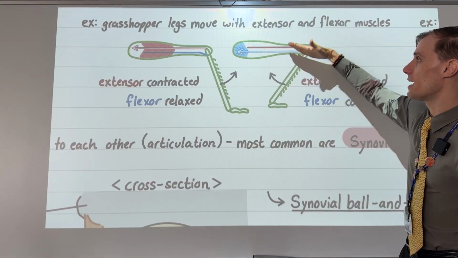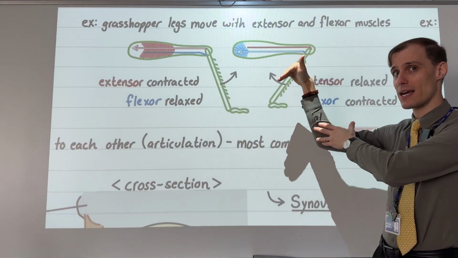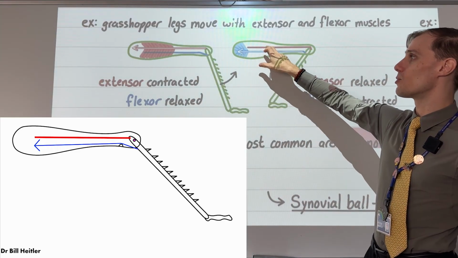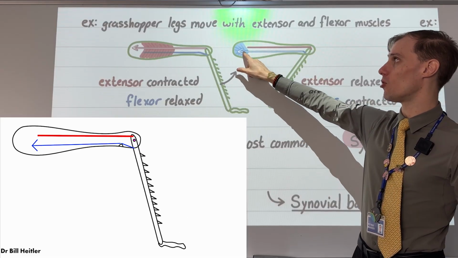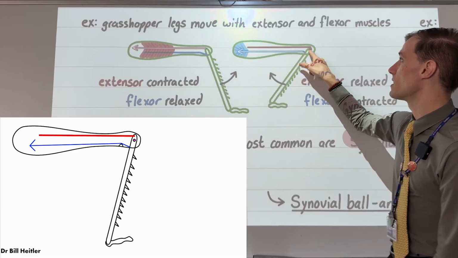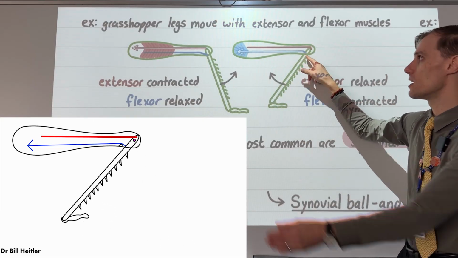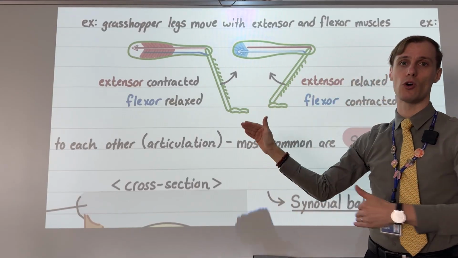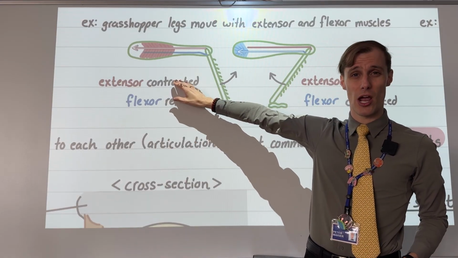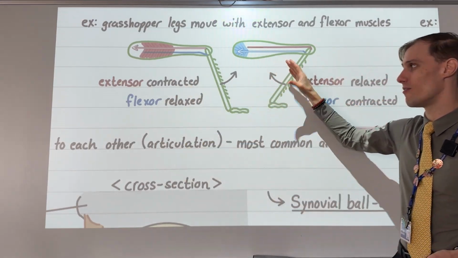But now that the leg is out, if I want to contract it back in, I would relax the extensor and pull on the flexor. And notice the attachment points are slightly different, causing this range of motion to occur. So when the extensor is contracted, the flexor is relaxed and vice versa.